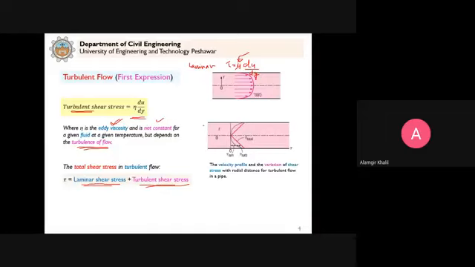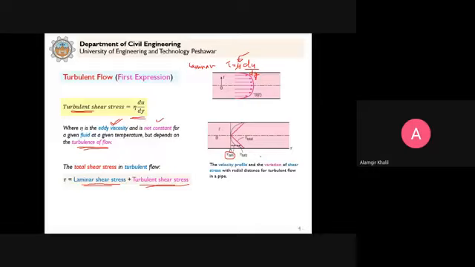And why is it so? Because near the wall, the boundary of the pipe here, the viscous forces are dominating. So when the viscous forces are dominating, the shear stress that will be generated due to the viscous forces is known as the laminar shear stress.